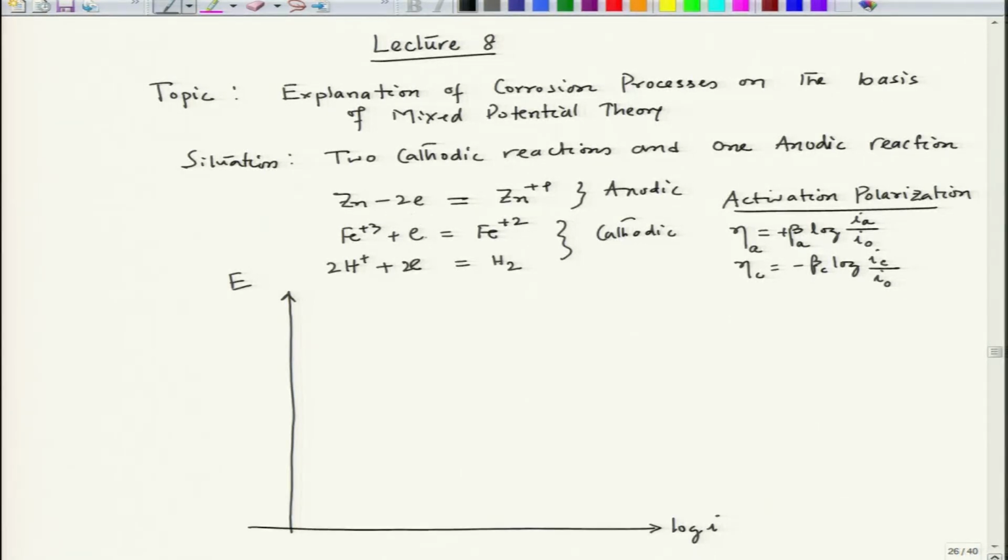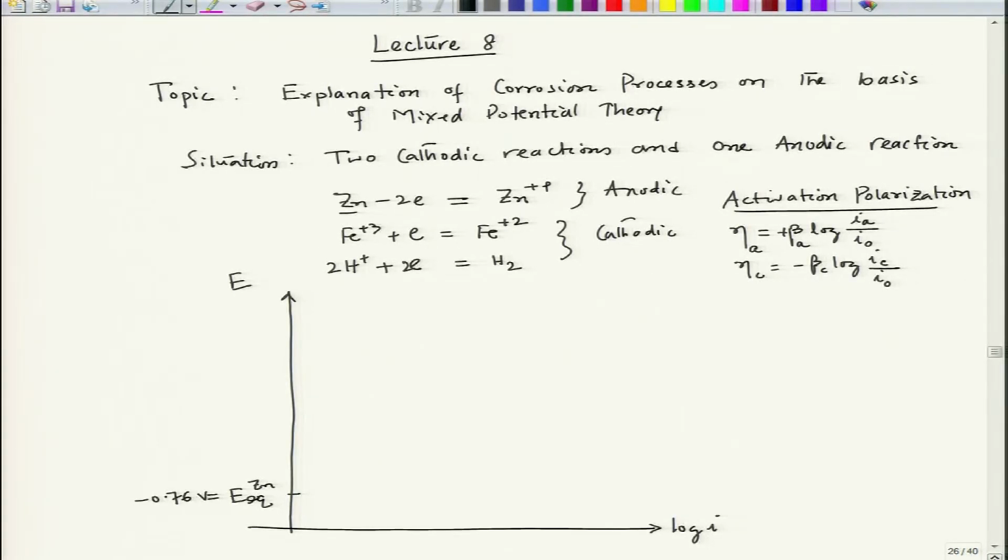Let us see where the equilibrium potentials are. Let us assume this is my reversible potential, E equilibrium zinc, and since zinc is very active, let us consider this to be minus 0.76 volt, the standard reduction potential.